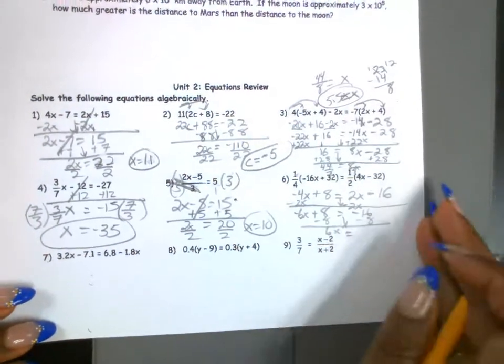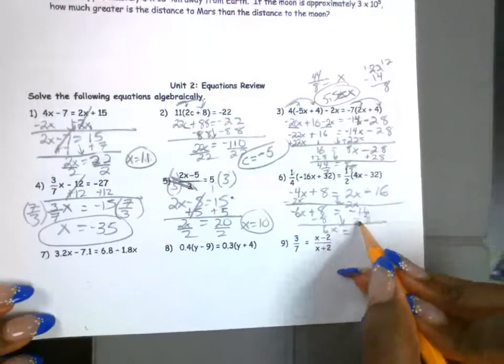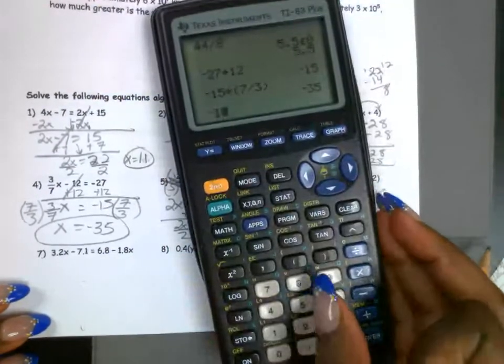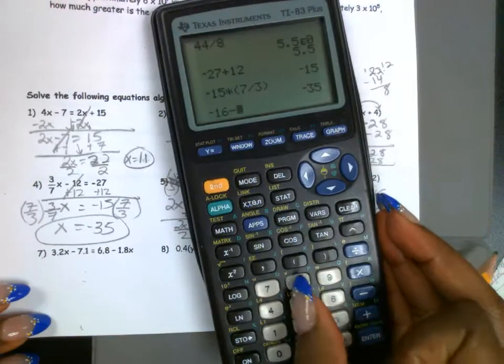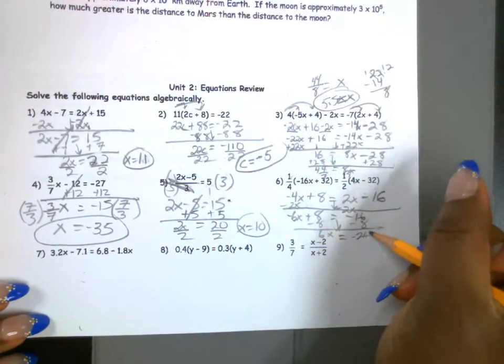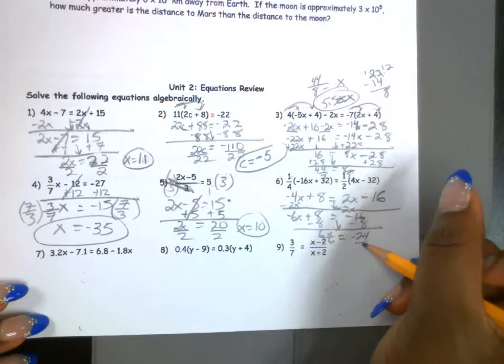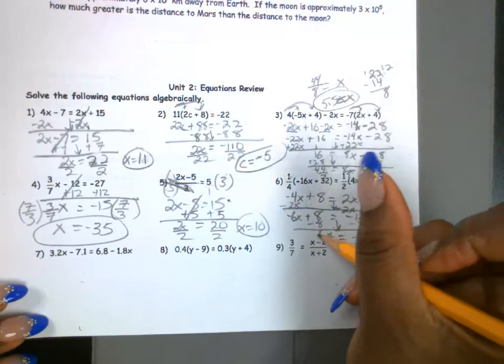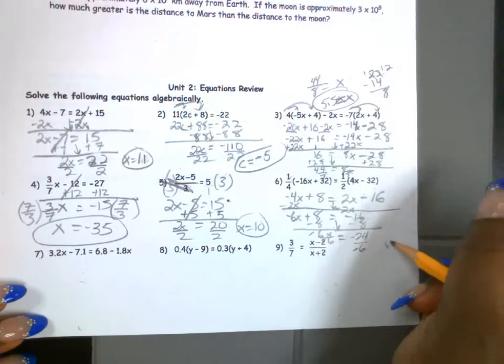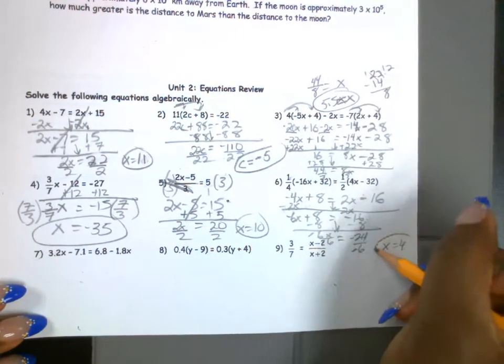Bring down the equal. Negative 16 minus 8 gives us a negative 24. So when you divide by negative 6, negative divided by a negative gives me a positive. So x is equal to a positive 4.